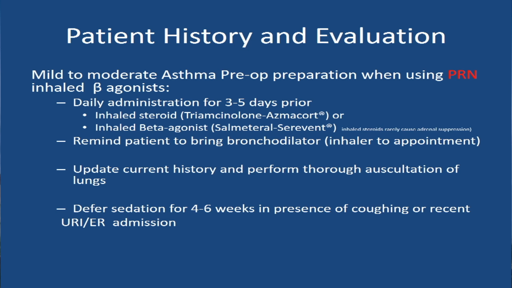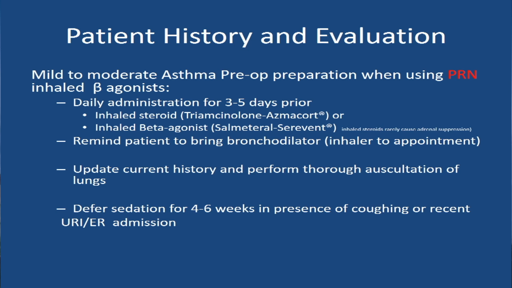Mild to moderate asthma: you have preparation when using PRN inhaled beta agonists. There's a daily administration for 3 to 5 days prior. They have an inhaled steroid, triamcinolone, Azmacort, or an inhaled beta agonist, salmeterol or Serevent. Remind the patient to bring their bronchodilator inhaler to the appointment. Update the current history, and perform a thorough auscultation of the lungs, listening for any sounds that may occur.